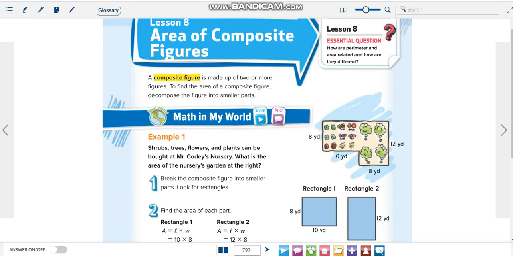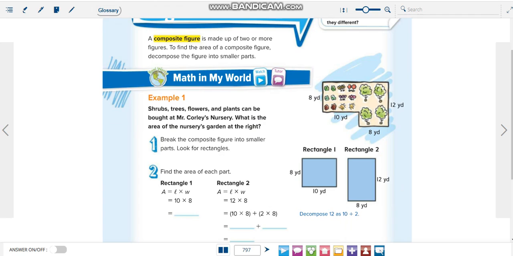Some trees, flowers, and plants can be bought at Mr. Coley Nursery. What is the area of the nursery garden at the right? Okay, the first step says to break the figure into smaller parts. Look for the rectangles.